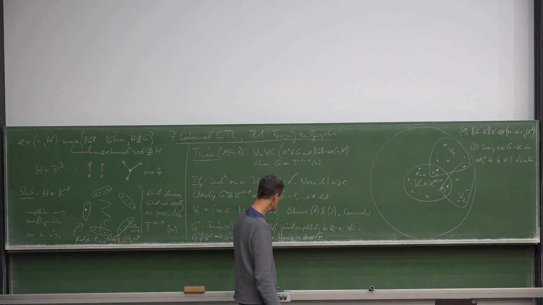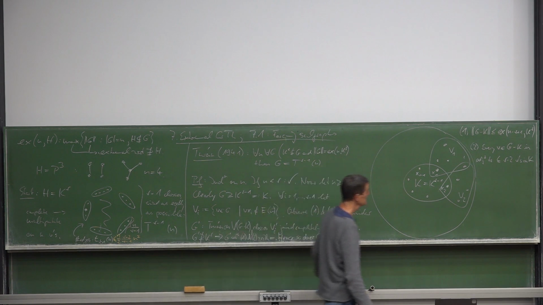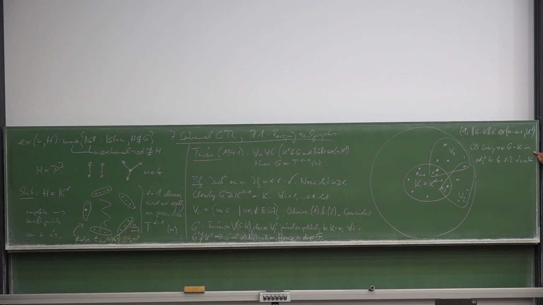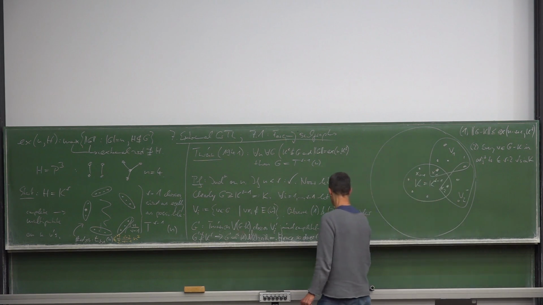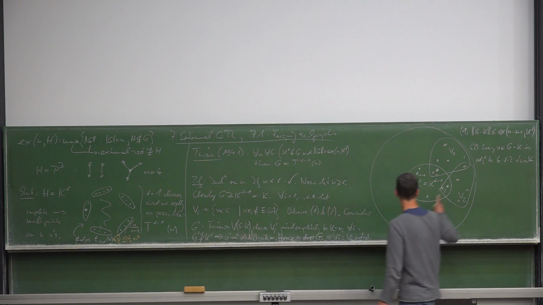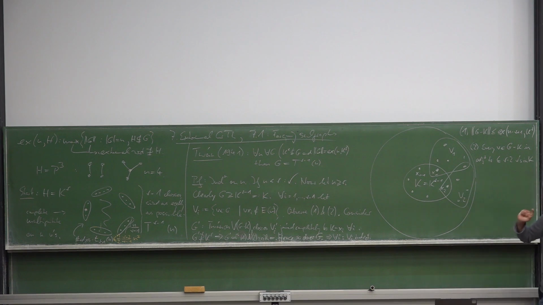But now, since G satisfies 2 with equality, we know that the Vi are independent sets of vertices.